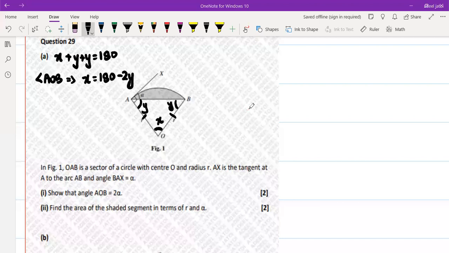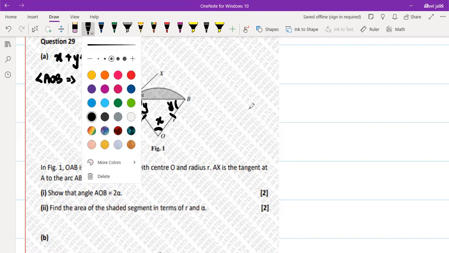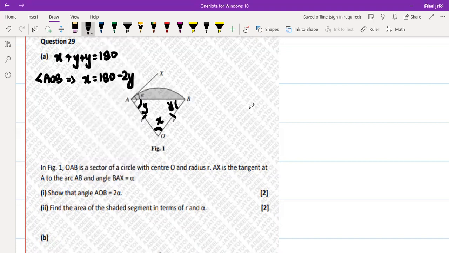Since we are doing circular measure, we will take angle OAB as Y, and it says OAX is equal to 1 upon 2 pi.